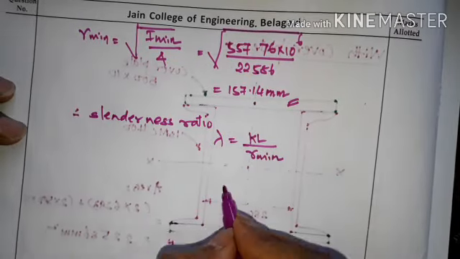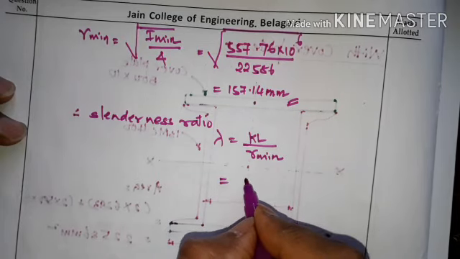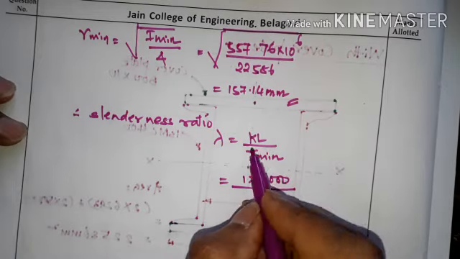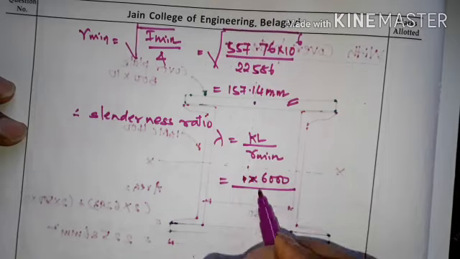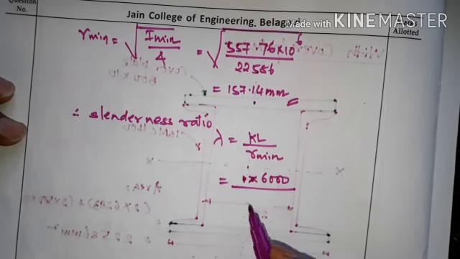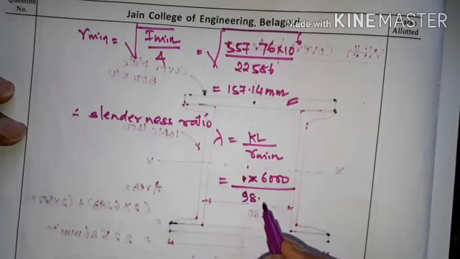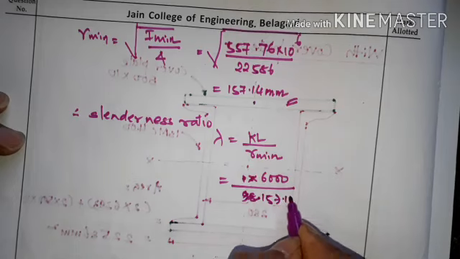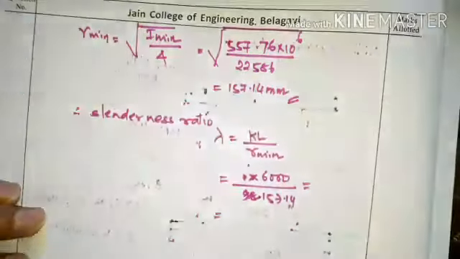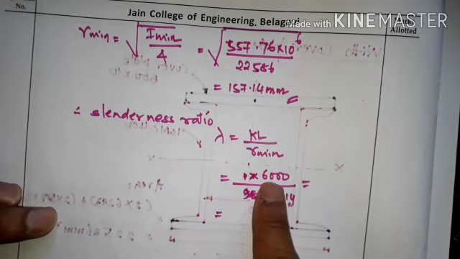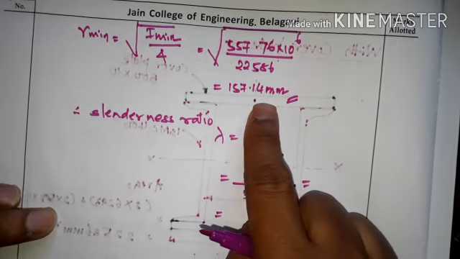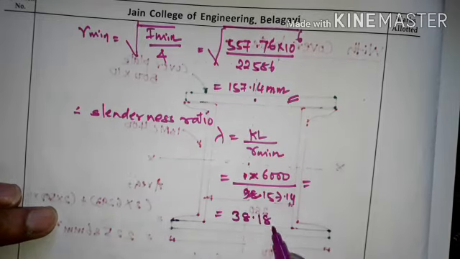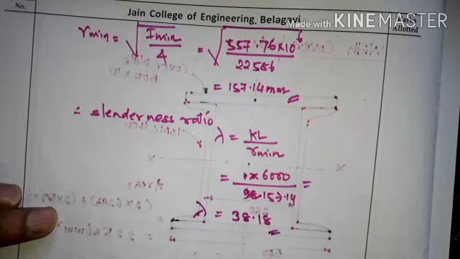Here the effective length KL is given directly, that is 6000, so no need for K. Divided by R minimum, which we have got as 157.14. So L is the effective length, 6000, divided by R minimum 157.14. With this we got 38.18. So the slenderness ratio lambda is equal to 38.18.